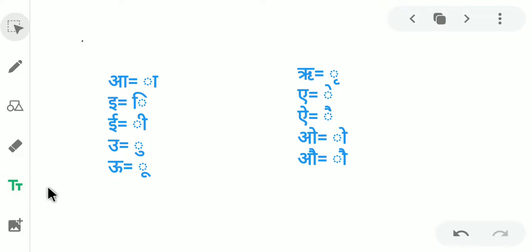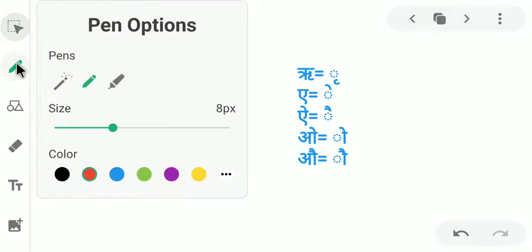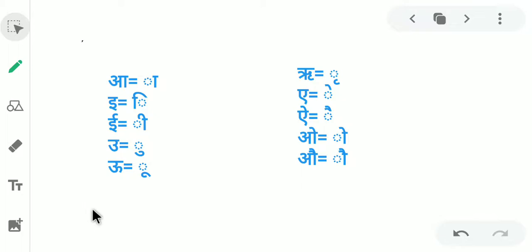Now we have also two letters. There are some signs of two letters which are used in very common terms. Now suppose that let me write. Okay, let me write. Now we have seen yesterday that there is a sign of something like this.